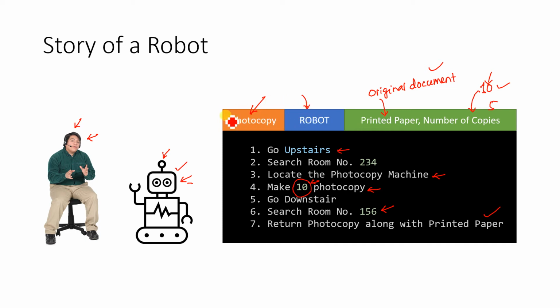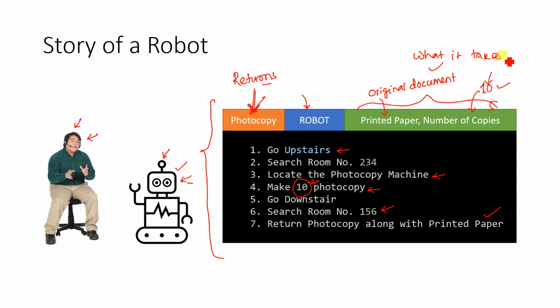If you see this entire description of the robot, it is described something like this. This part which is written in orange color, that is photocopy, is the thing that it returns to the man. And this is what it takes, what it takes, and what it returns.